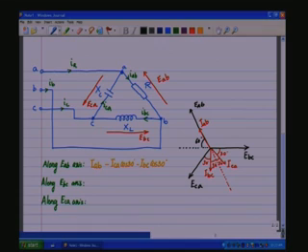So, along the EBC axis the current is minus IAB cos 60, then we have ICA projected in the positive direction, which is plus ICA cos 30.